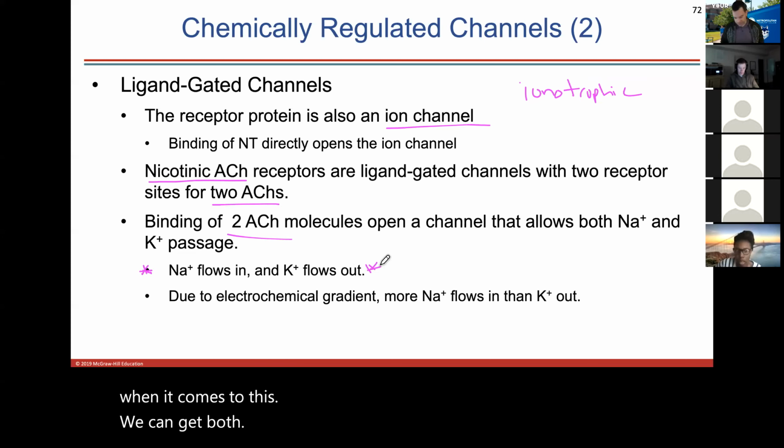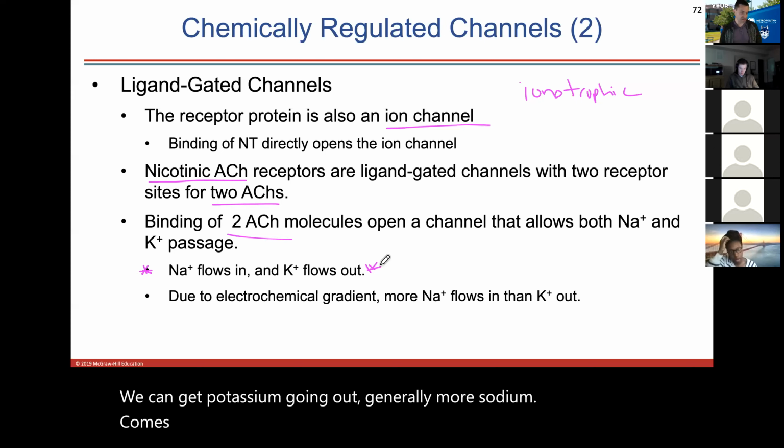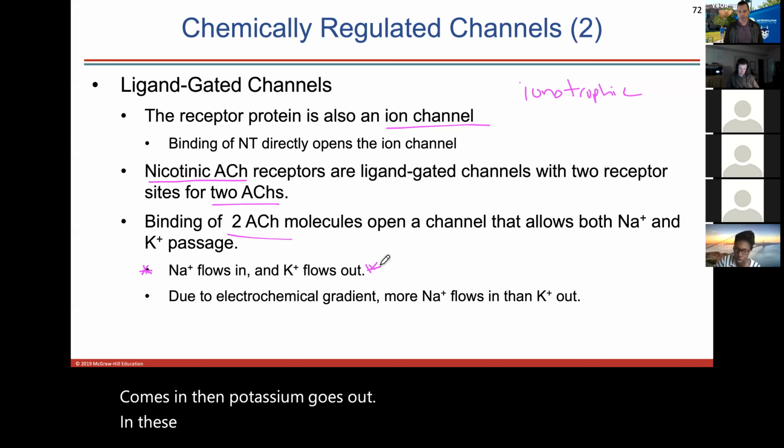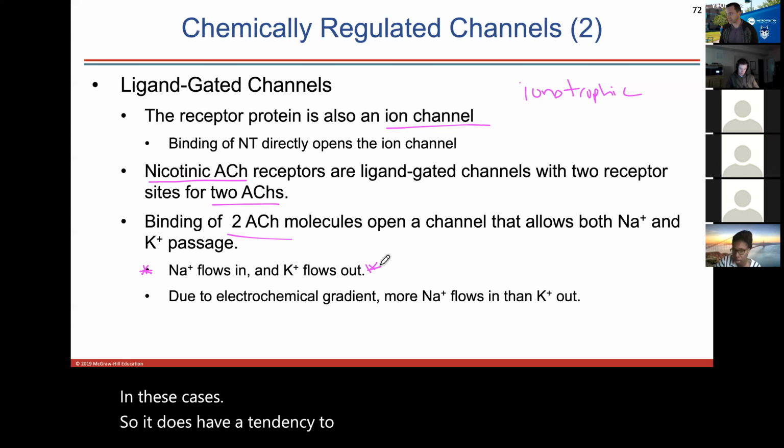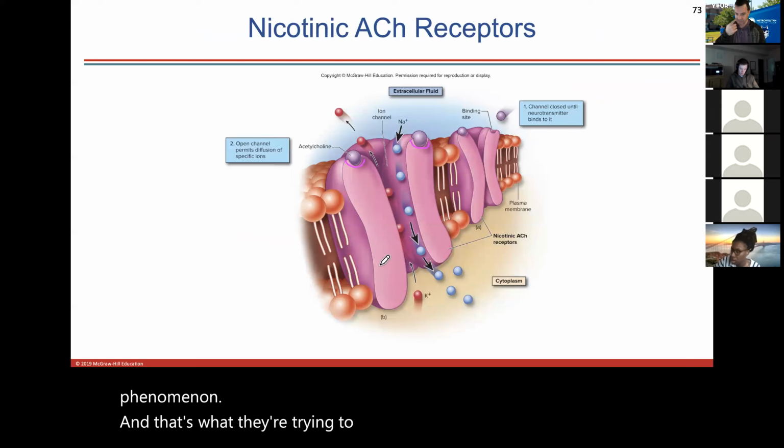We can get sodium coming in. We can get potassium going out. Generally, more sodium comes in than potassium goes out in these cases. So it does have a tendency to be more excitatory in nature because of that phenomenon. And that's what they're trying to show you here on this slide.